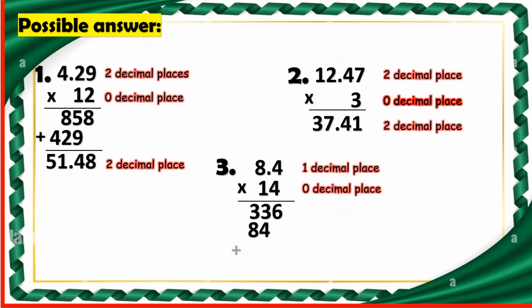So the answer is 84. So let us add. So we will bring down 6. And then let us add 3 plus 4 is 7. And then 3 plus 8 is 11. So we have 1 decimal place. That's why the answer is 117.6.